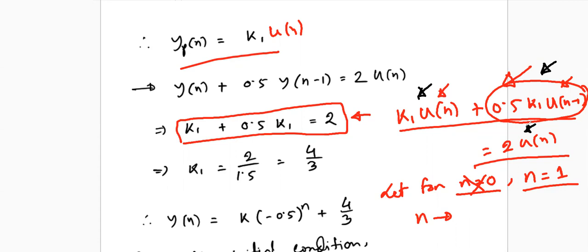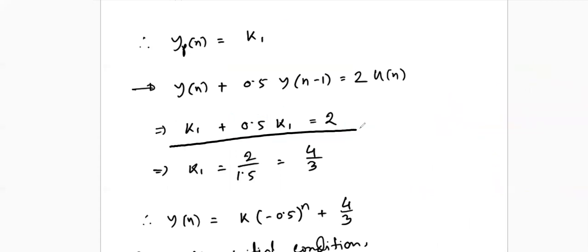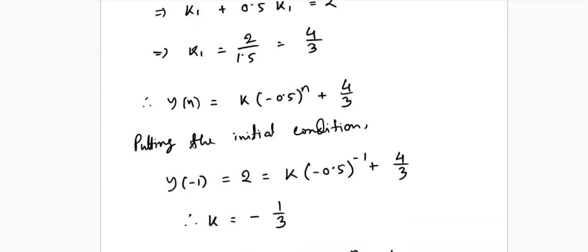So by choosing that, we can write the equation like this, and from there we can find the value k1 is equal to 2 divided by 1.5, which is equal to 4/3. We have found the value of k1. Now what is k1? This is the particular solution.